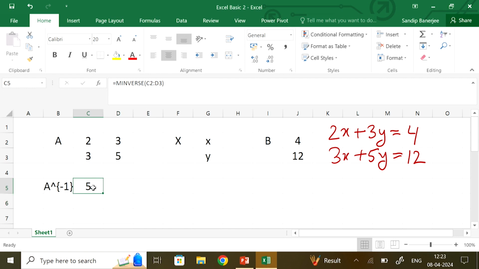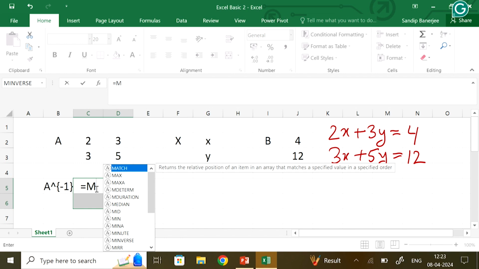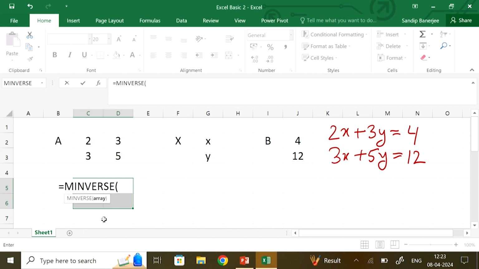So, what you have to do is, I repeat this process: you highlight these 4 cells, put an equal to, then M inverse will come, then you highlight this array and close it.